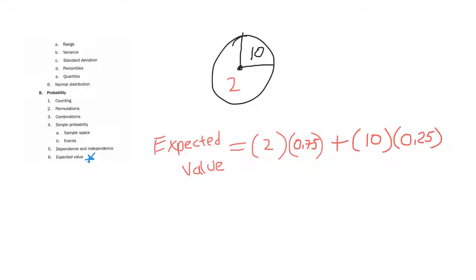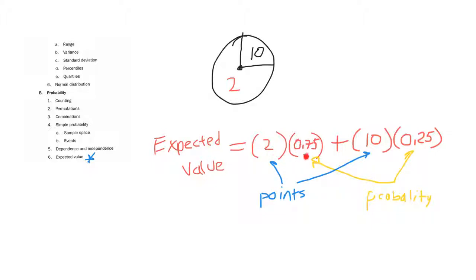So in other words, we have points and we have the probability of getting each point. All right, and the probabilities are here and here, and the points are here and here. Okay, so that is how to figure out the expected value.